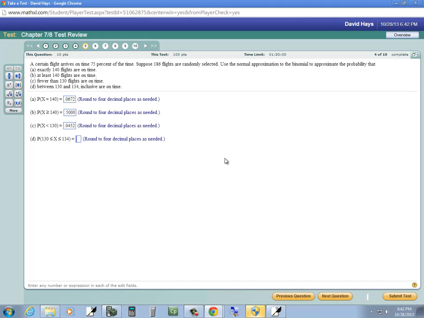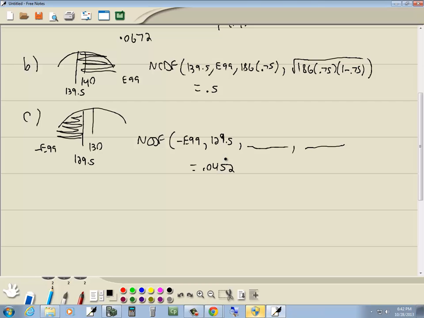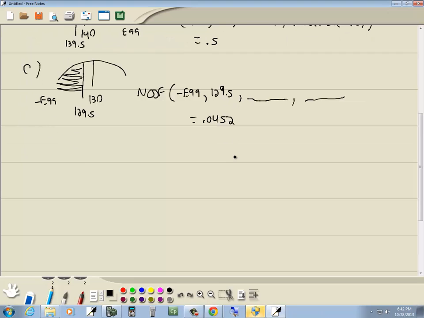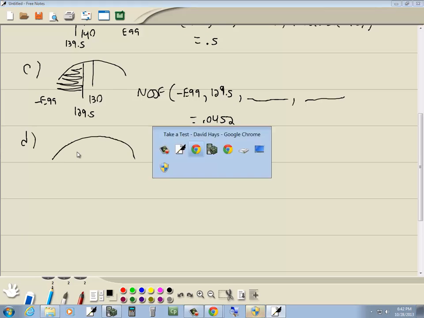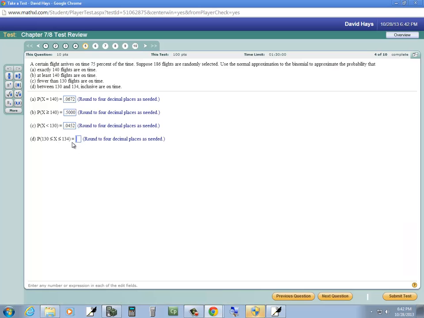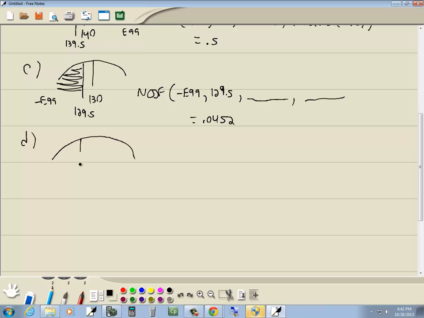Okay, let's look at this last one here. It says between 130 and 134 inclusive. Inclusive means it includes 130 and 134. Well, I'm going to subtract 0.5 here, and I'll add 0.5 here.